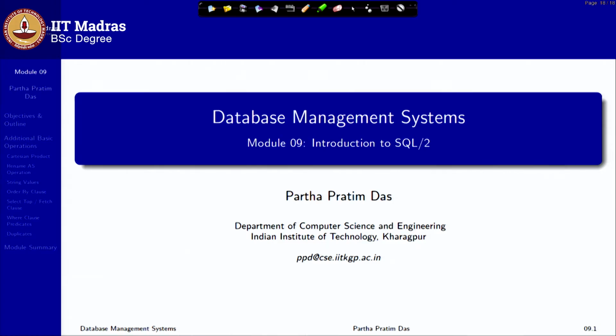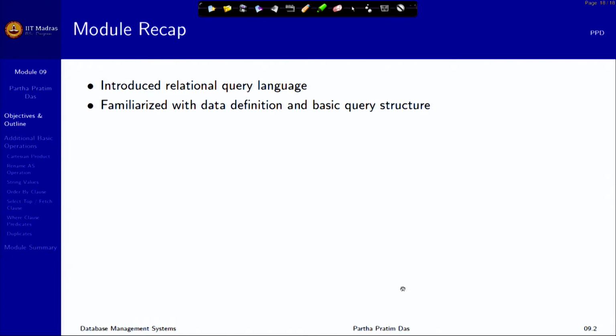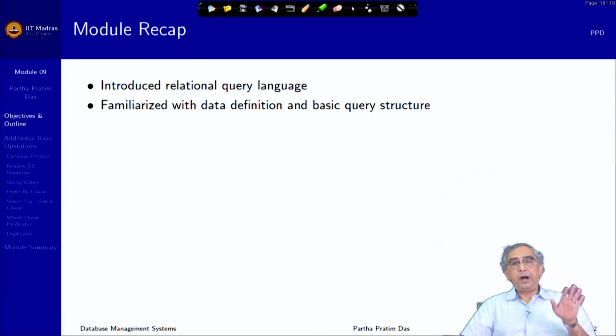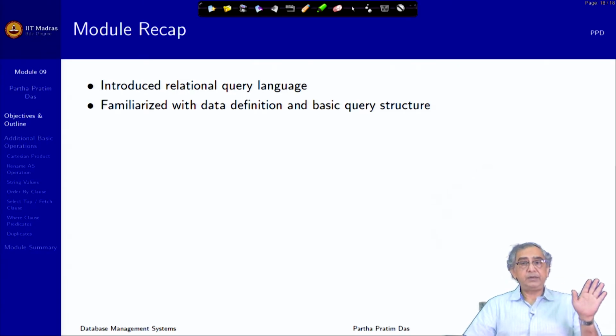In the last module, we started discussing the relational query language, the actual commercial language known as SQL. We introduced the basic structure of how to create tables and do basic manipulation on the table schema, and we discussed the basic structure of the select from where query.